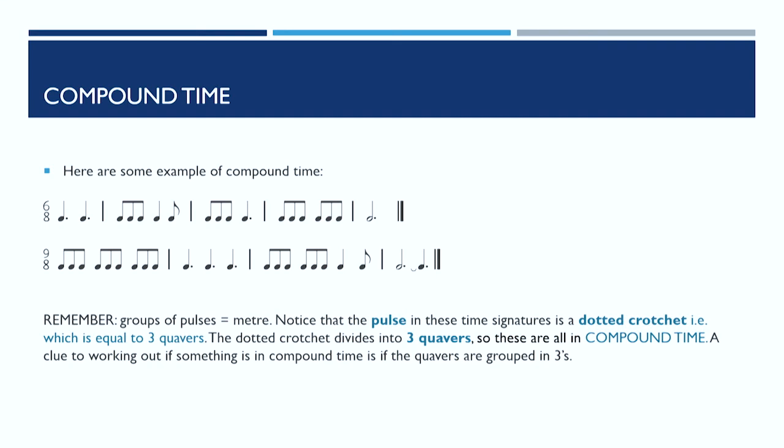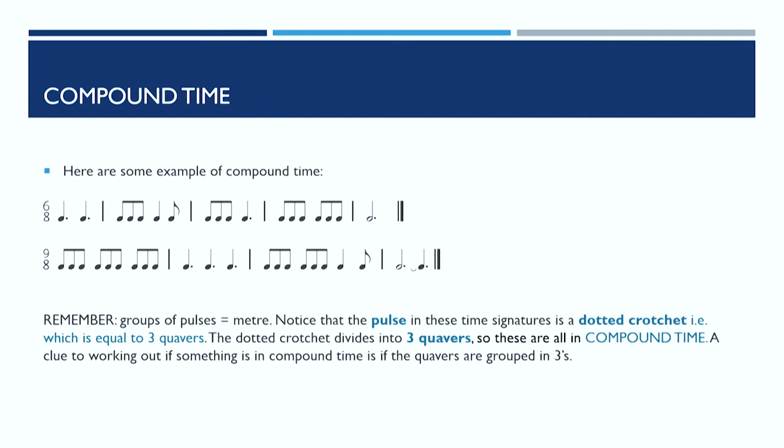Hold that in your mind now, and let's think back to simple time. When we were working with simple time, 4/4, 3/4, 2/4, the bottom number, 4, represented crotchets, and the crotchets were the same as the pulse. The crotchets divided into 2 quavers. Remember that? Okay. Now, in compound time, we're working with a slightly different scenario. Here, the bottom number is 8, which is quavers.